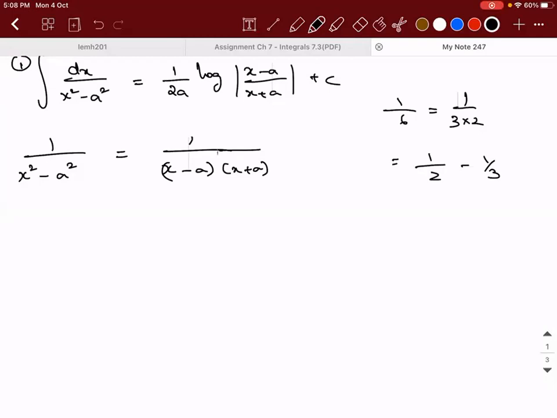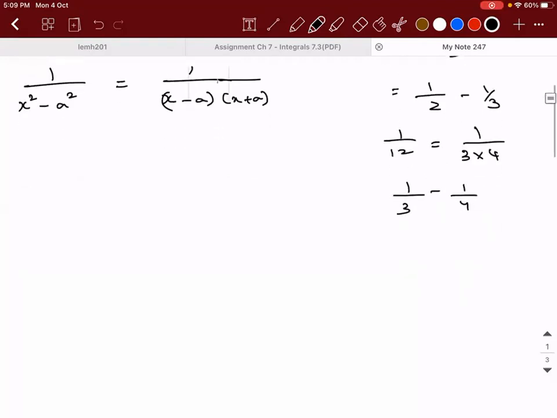Check and tell me. Can I write it like this? Yes, similarly, 1 by 12 is there. I can write 1 by 3 into 1 by 4. Tell me how can I write it? 1 by 3 minus 1 by 4. Okay.